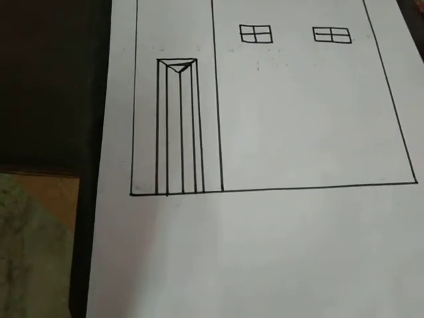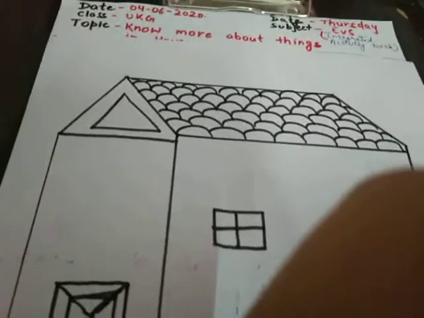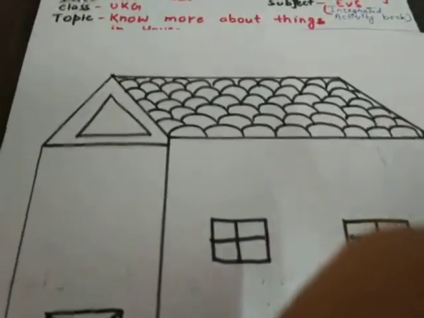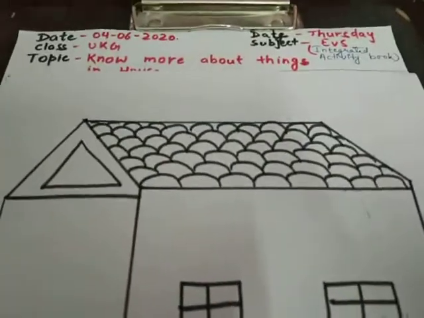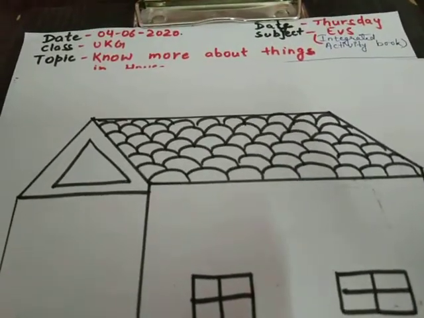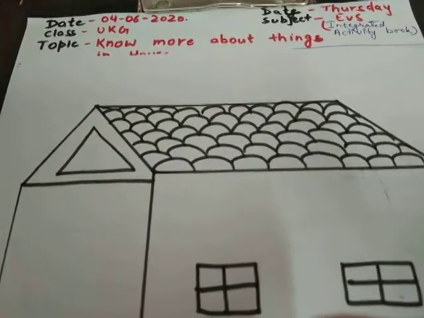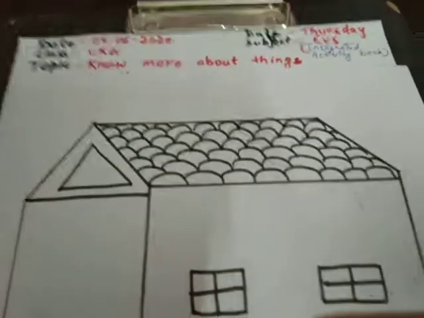It has been about 3 months, because your exams were going on and you were already at home. It's around 3 months that you are all at home, quarantined, and you are not supposed to move outside the house, not even to play.